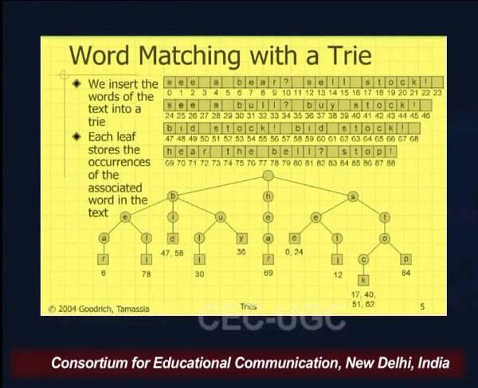So, these leaf entries are actually storing the occurrences of the associated word in the text, in which manner a word matching with a trie is possible, or it is being done.